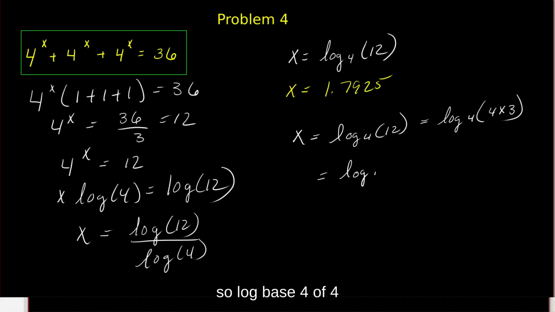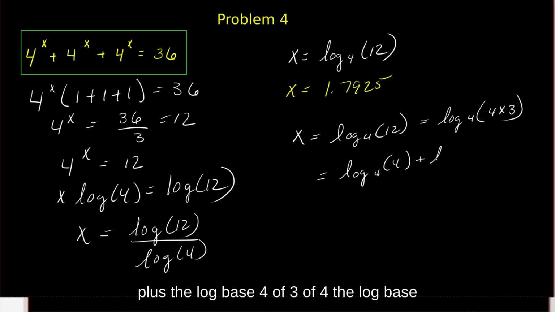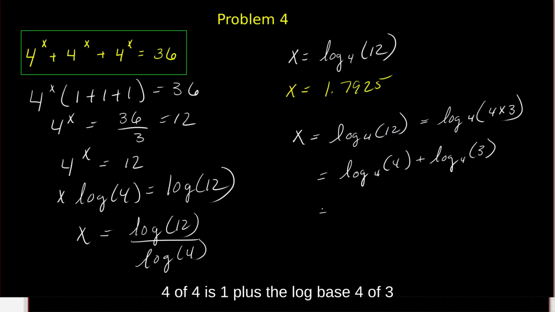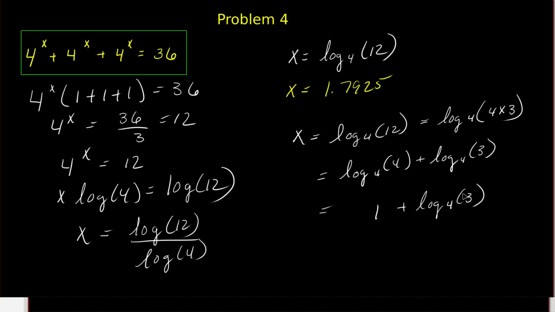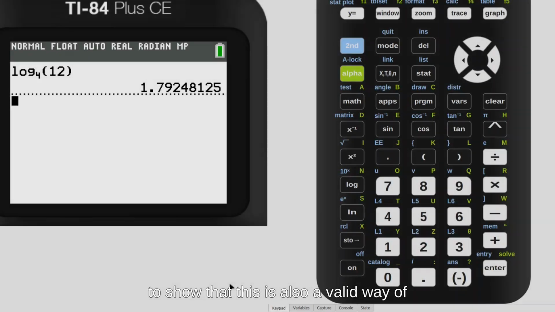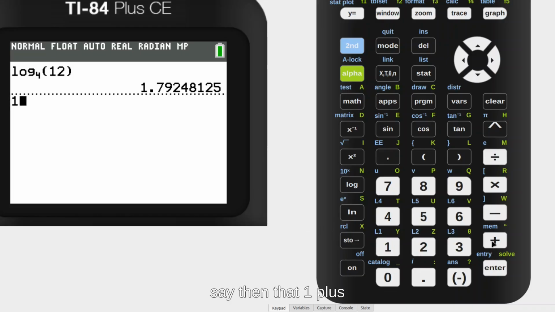So log base 4 of 4 plus the log base 4 of 3. The log base 4 of 4 is 1 plus the log base 4 of 3.